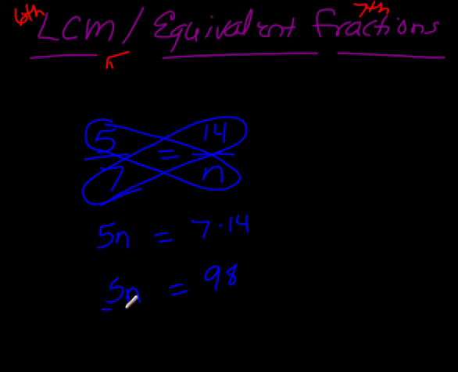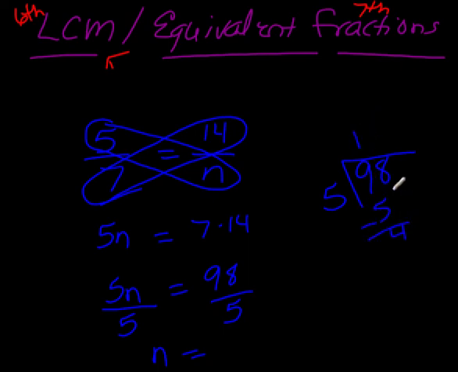Alright, so if I divide by 5, divide by 5, n will equal, now of course this won't work out perfectly, and that's sometimes what happens when you make up your own problems, but we can work that out. So 5 goes into 9 once, gives us 5, which brings down 4, 48. 5 goes into 48 9 times, which gives us 45, which leaves us 3.